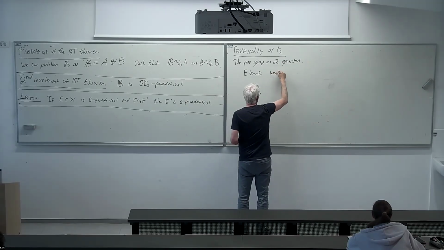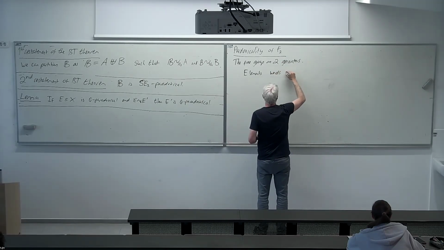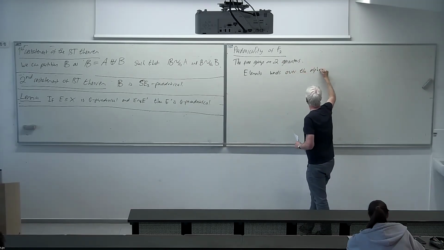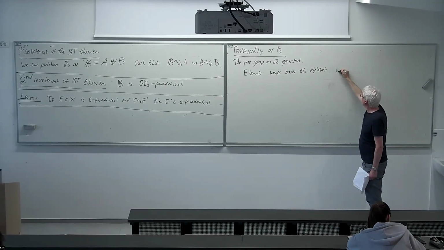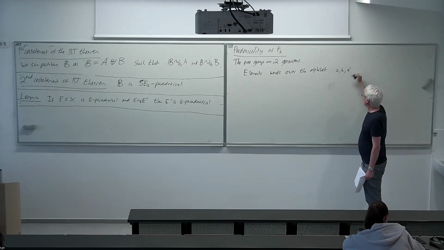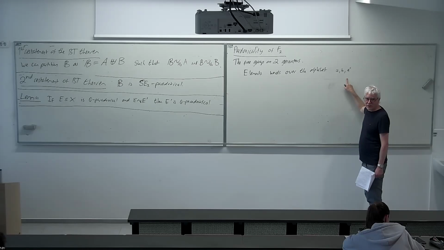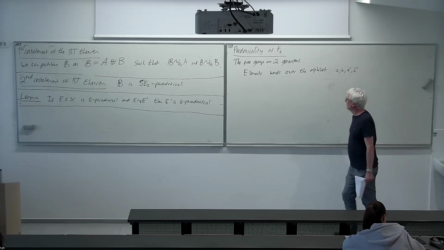I use words because I'm a computer scientist at heart. Words over the alphabet where we give ourselves four symbols, a and b, those are the two generators, and we give ourselves another symbol, a to the -1, which is going to be the inverse of a, and b to the -1, which is the inverse of b.